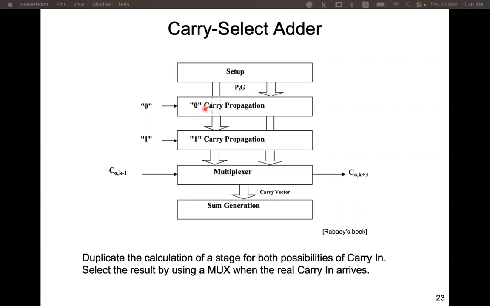Then the carry out for each bit in this stage usually needs the information of carry in, but we calculate the carry out for all the bits here for both cases of carry in. Assume carry in is 0, we can calculate a set of carry outputs without waiting.